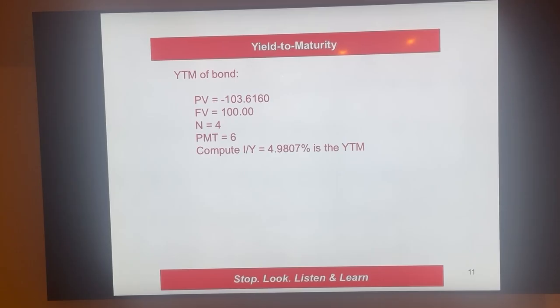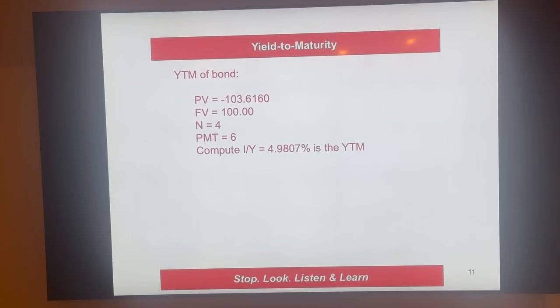And the reason it is greater than the spot rates for the first 3 years is because, as I said earlier, this is a weighted average of the spot rates, and the weights will basically be the present value of the cash flows. And so the most weight is going to be at year 4, and that's because we're going to get not only the $6 coupon payment, but we're also going to get the $100 as well.